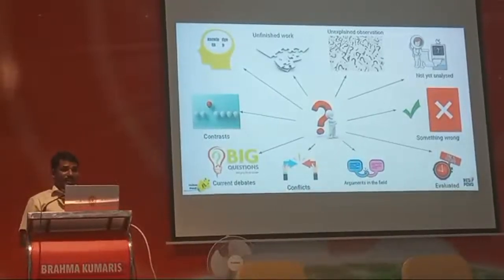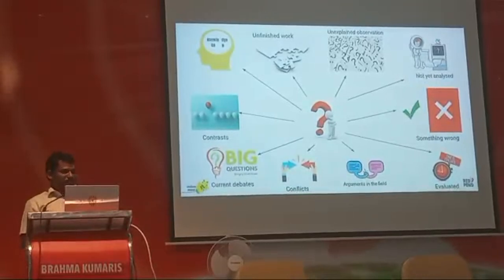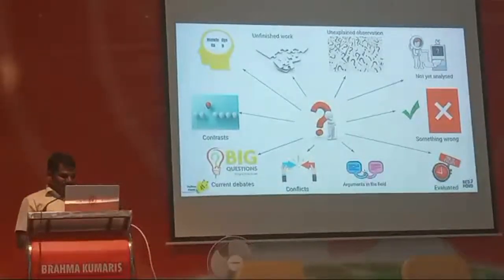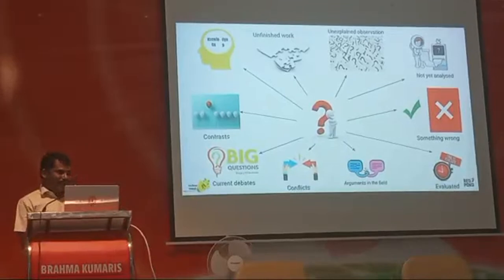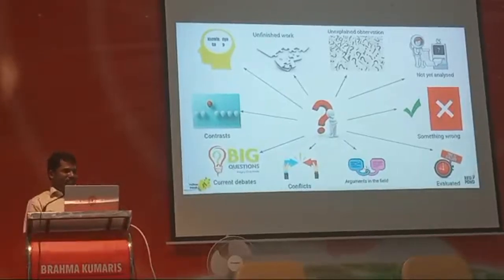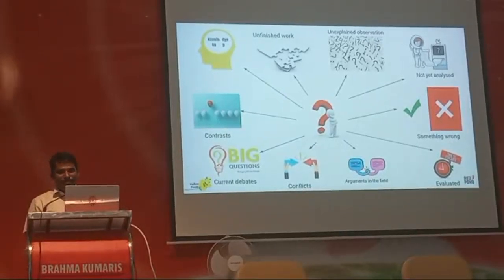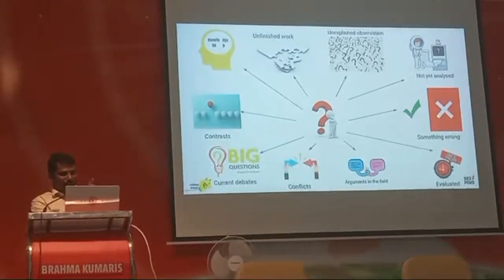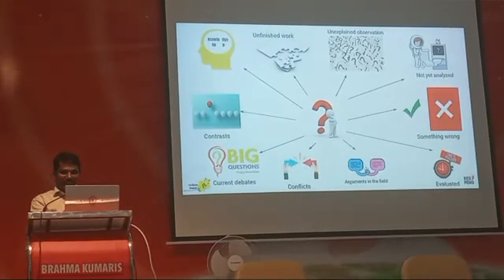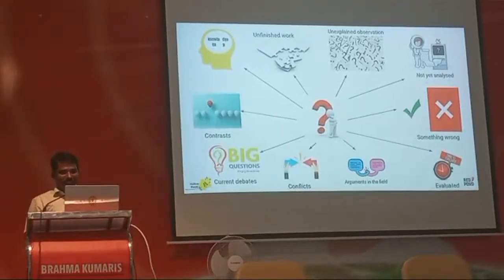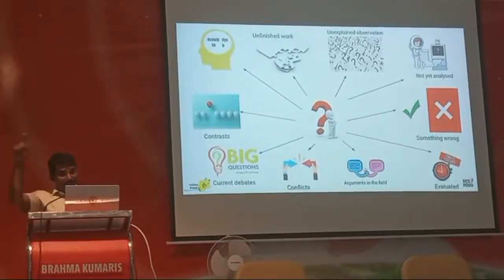The second one is unfinished work. Someone made an attempt. I can give you the best example: Newton and Einstein. What is the relationship between these two? Theory of relativity by whom? Einstein. What about Newton, sir? Gravity. So it is an extension of gravity.